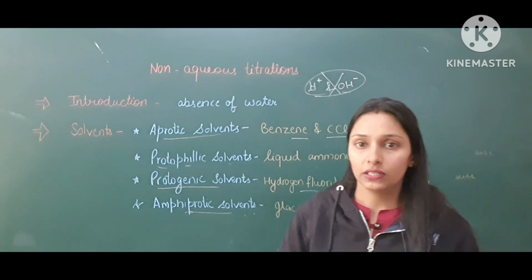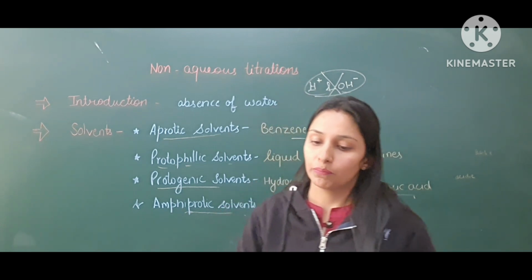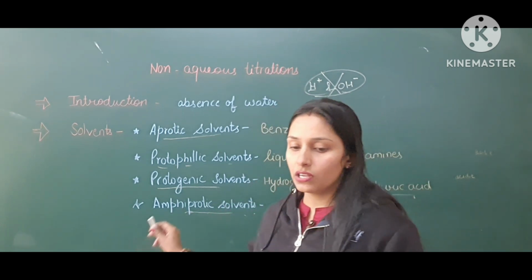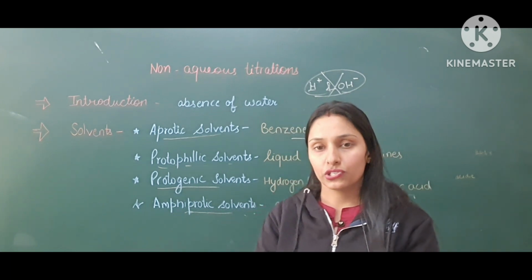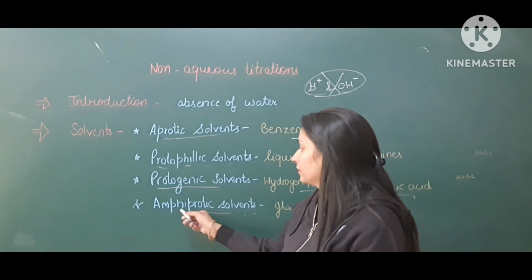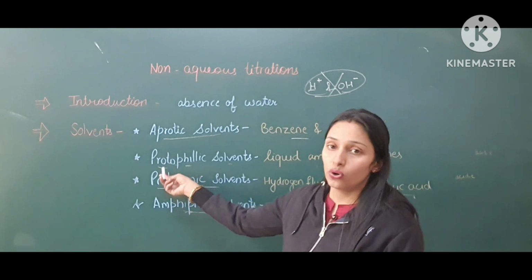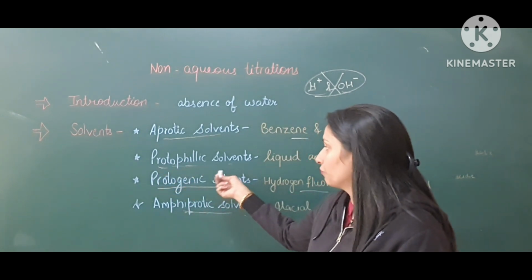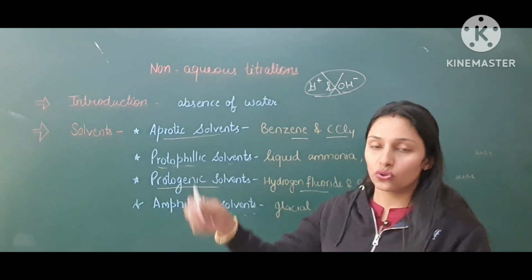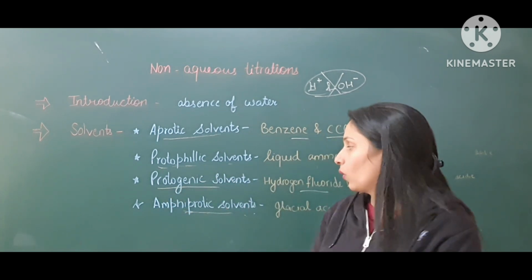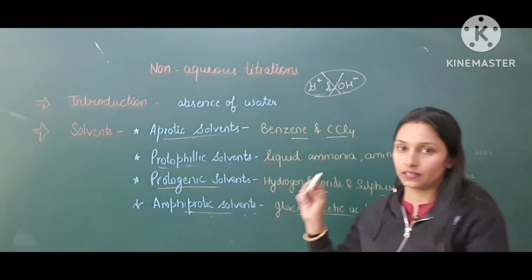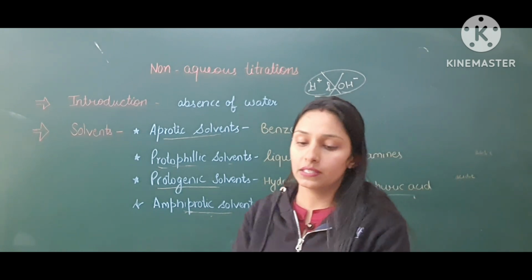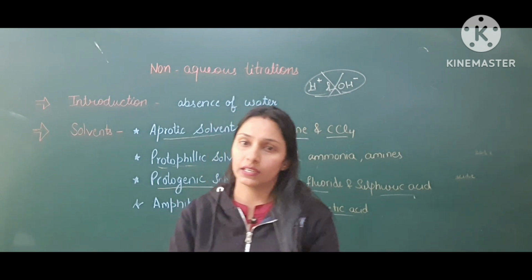Due to this behavior, they are both protogenic and protophilic. These solvents show the behavior of protophilic and protogenic solvents both. The best example of an amphoteric solvent is glacial acetic acid.